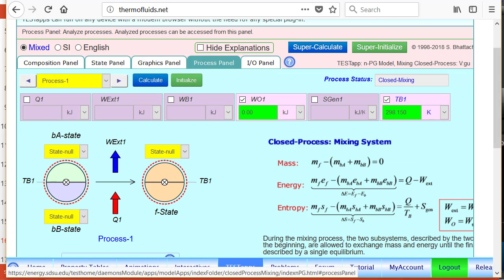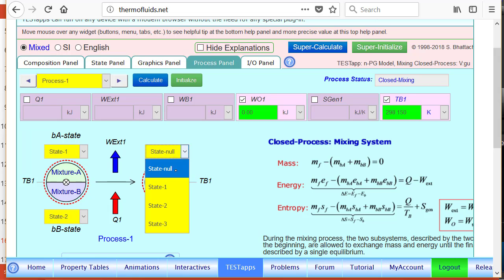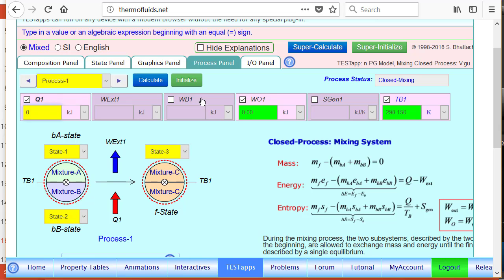So we go to the process panel and try to solve the energy equation. It's already set up for a mixing problem with a composite beginning state, A and B. You can see 1 and 2 are mixtures A and B, and the final mixture is just state 3, mixture C. We also know there is no heat transfer and there is no boundary work.